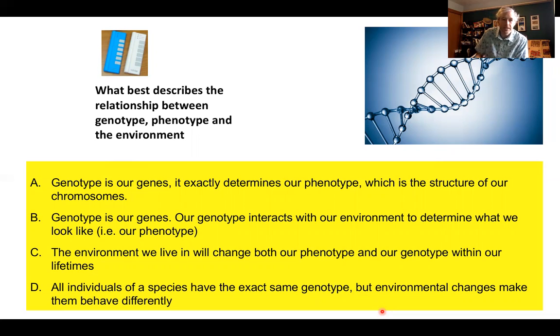C, the environment we live in will change both our phenotype and our genotype within our lifetimes? Or D, all individuals of a species have the exact same genotype, but environmental changes make them behave differently? I'll give you 10 seconds to have a think about which one this is.